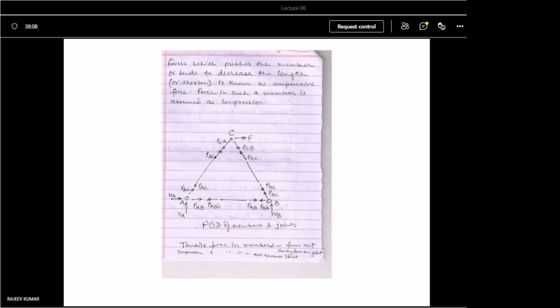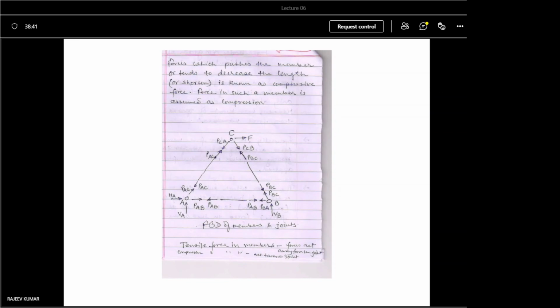All forces are equal. In the same way you see here BC. This is called the free body diagram, and here a roller is there, so only a vertical force will act, PB, because this is supported on the roller joint. In the last class in the free body diagram we discussed that if a roller is there, only the reaction force will be vertical, and here it is hinged.